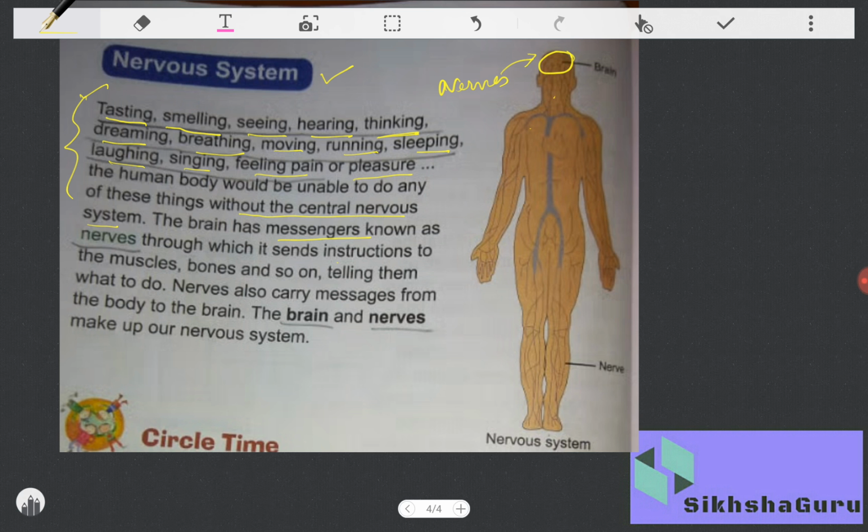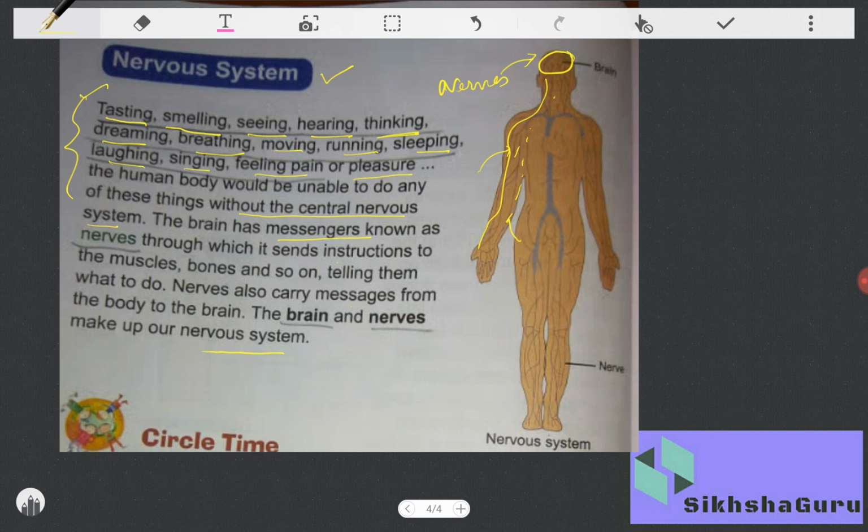See, these are all these nerves. Now, the brain sends instructions through these nerves to all parts of the body. Nerves also carry messages from the body to the brain. So the brain and the nerves make up the nervous system.